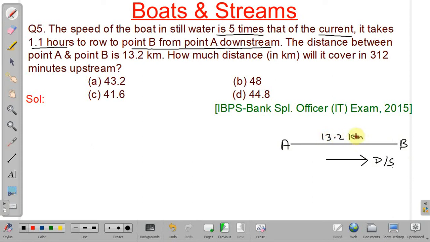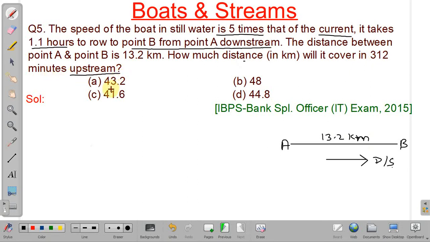Now we have to find how much distance it will cover in 312 minutes, but in the upstream direction.